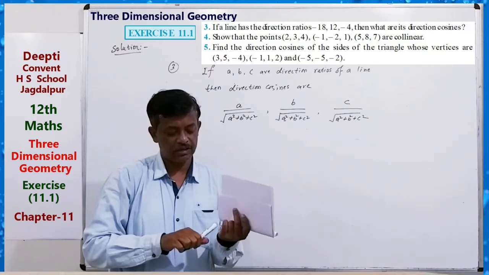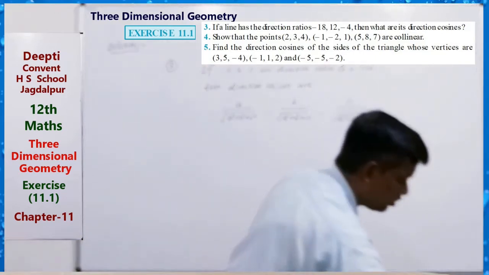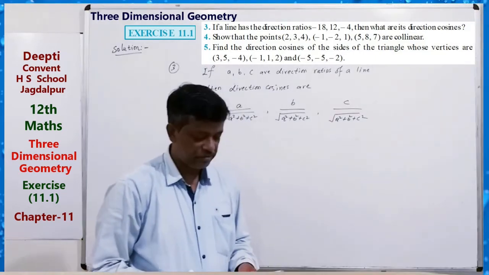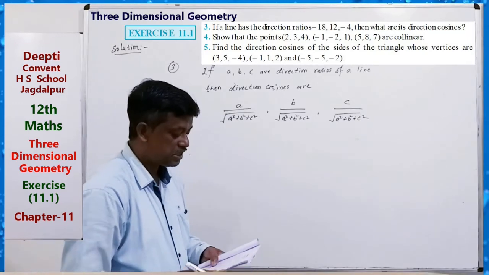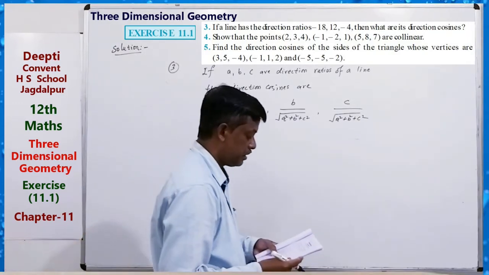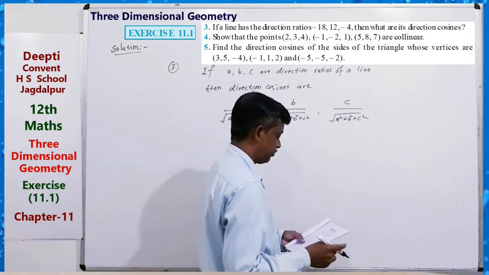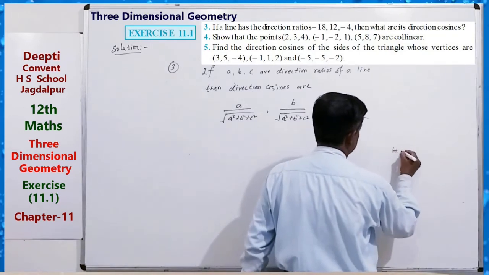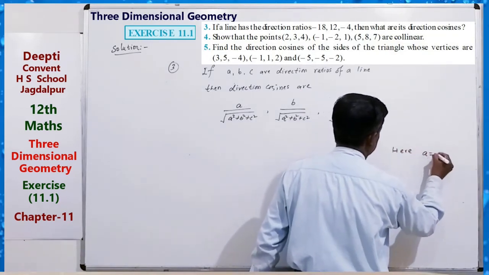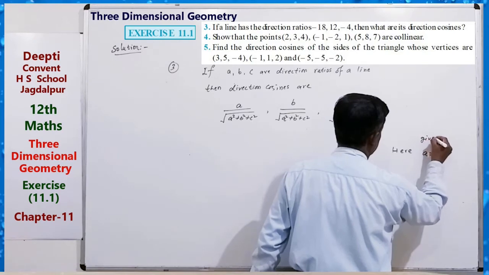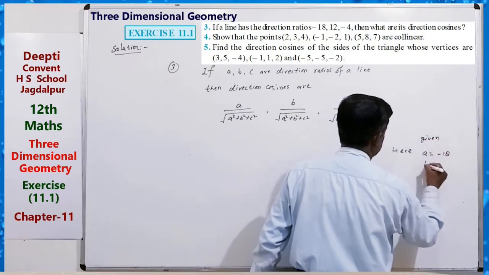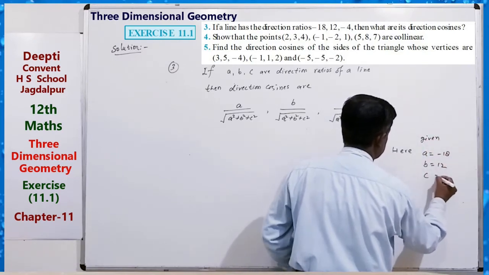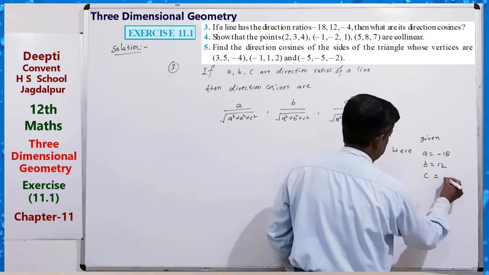So direction cosines can be found. What is given? A, B, C are minus 18, 12, minus 4. Here given A is minus 18, B is 12, C is minus 4.